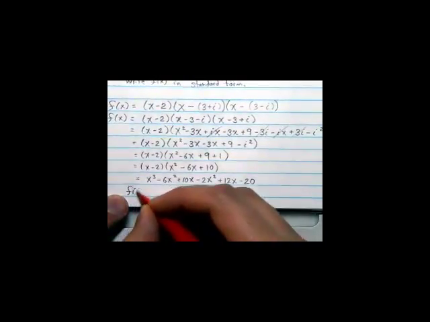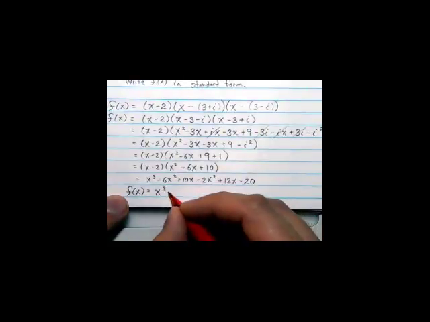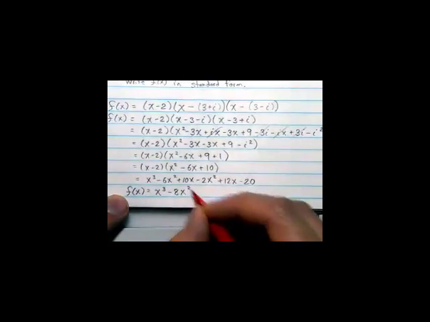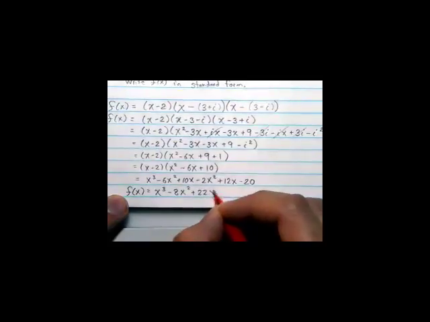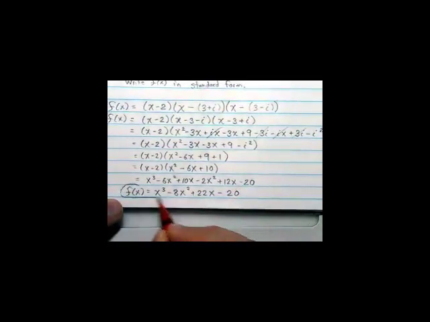We'll get our final equation for f of x here. So x cubed minus 8x squared plus 22x minus 20. So apparently this polynomial has the roots 2, 3 plus i, and 3 minus i. That's what we did. We used the roots to go back the other way.